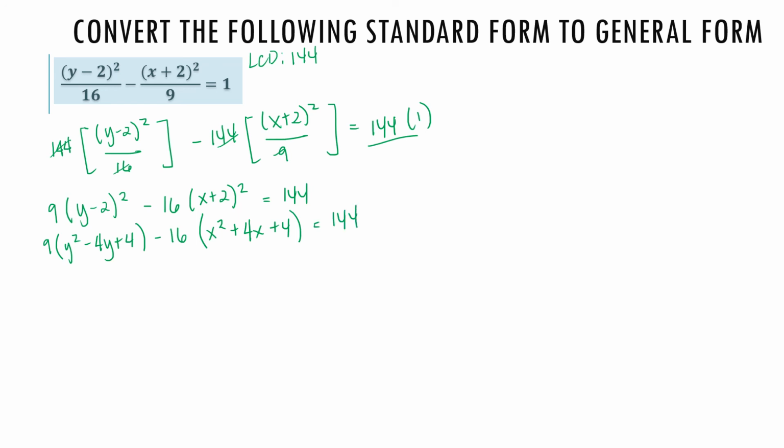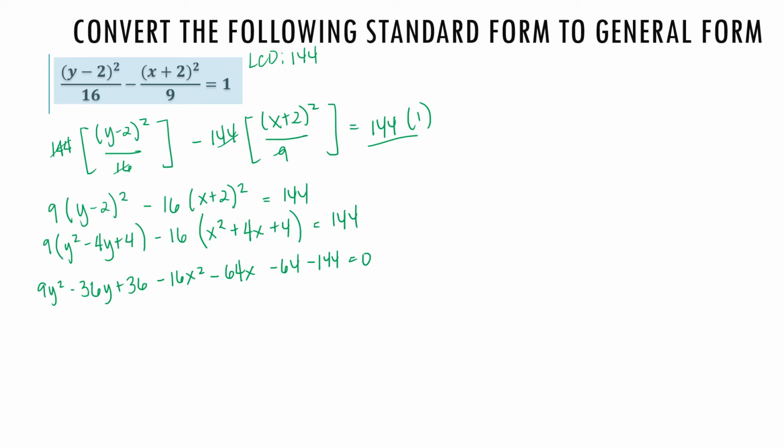Now, distribute 9. We have 9y^2 - 36y + 36 - 16x^2, 16 times 4, - 64x - 64. And by addition property of equality, we can write minus 144 equals 0. Now, simplify. Iayos na natin according to the general form.